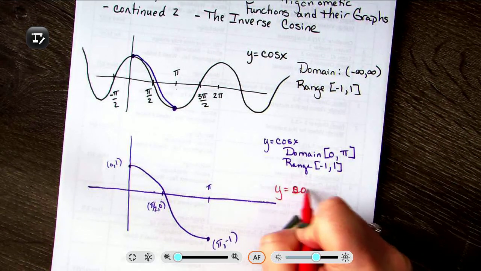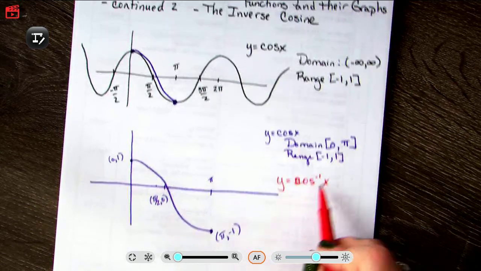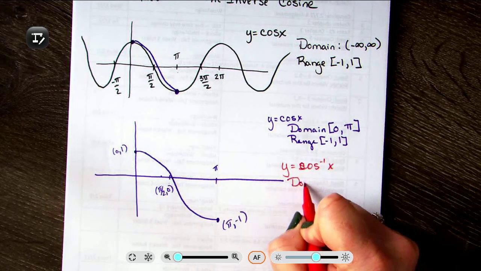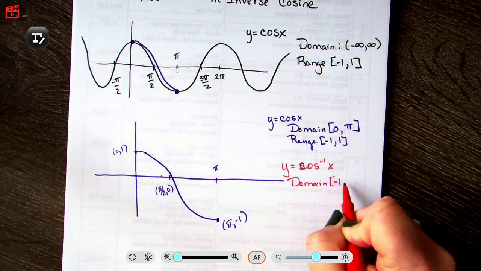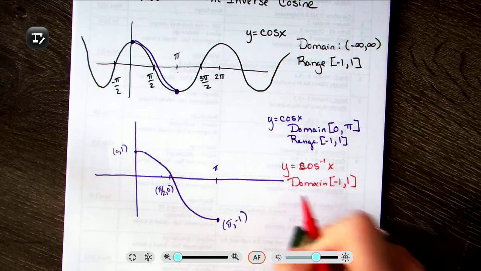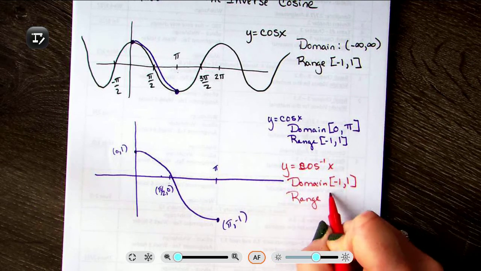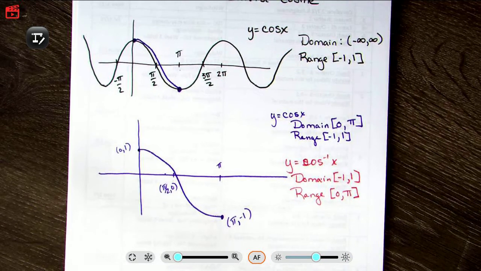Oops, inverse cosine. Okay, so we put a little minus 1 inside there. That's going to be switching our domain and our range around. So our domain, thinking that's going to be our ratios of our sides, adjacent over hypotenuse, and the range is going to kick out the angles, but the angles it kicks out are from 0 to pi.